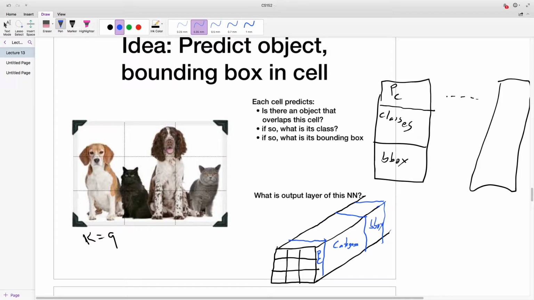All right. So we could do this. We could also have our last layer just be flat and have fully connected to whatever's before that. Either one would work. This is kind of nice because we're keeping our spatial representation, and here's kind of what we're saying: is there an object that overlaps this cell or not?